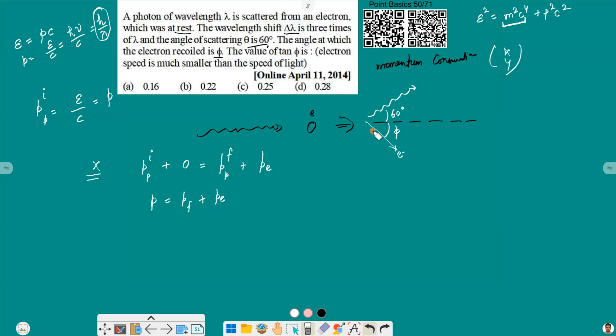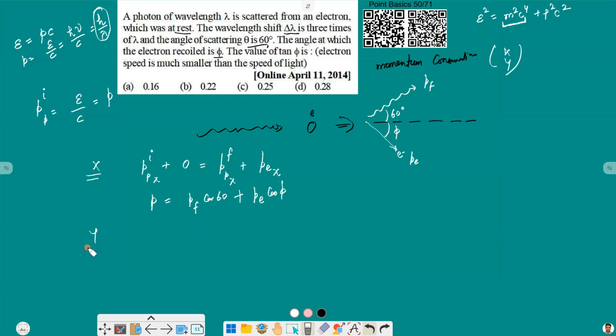I have to take components here, so let me write that we are taking these momenta in the x direction only. The initial momentum of the photon in the x direction, we assume it to be P. The final momentum of the photon in the x direction is PF cos 60, plus the final momentum of the electron in the x direction, which is PE cos phi.